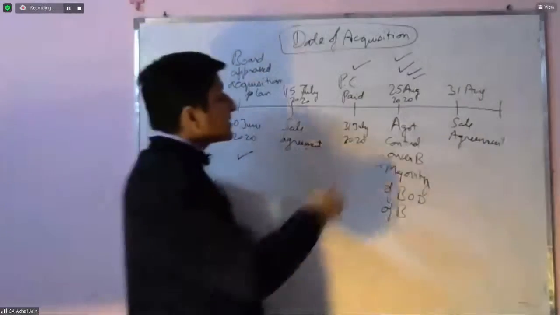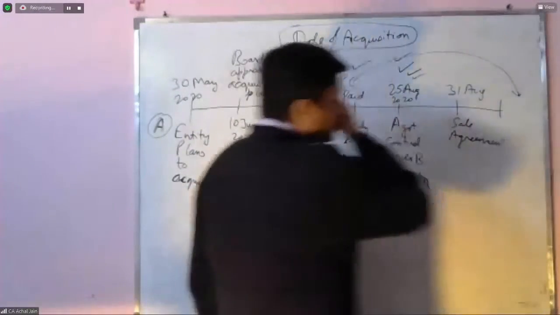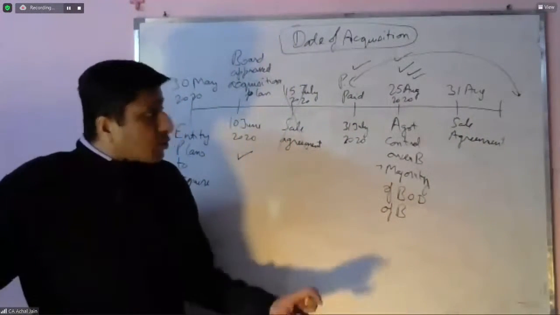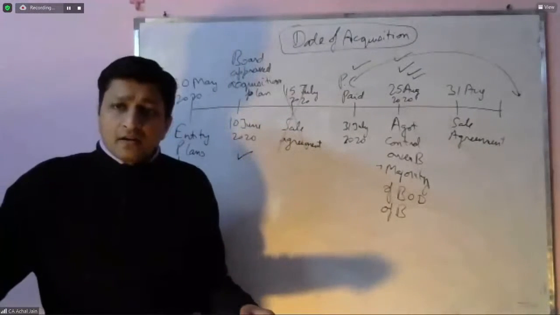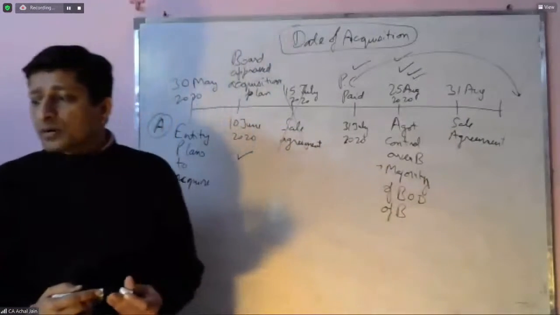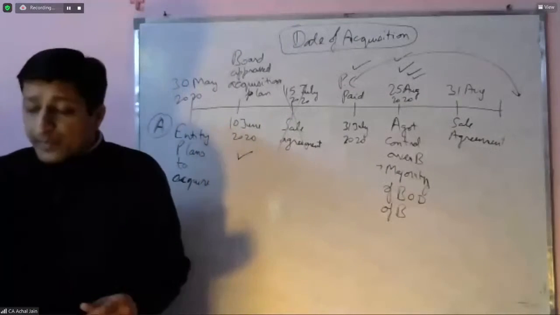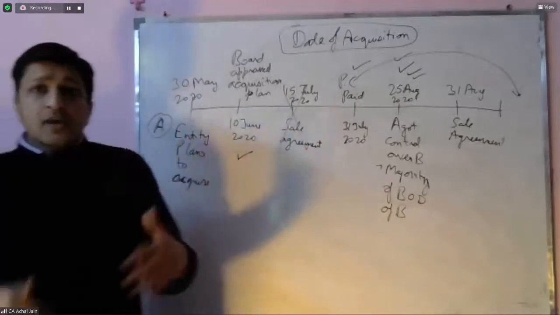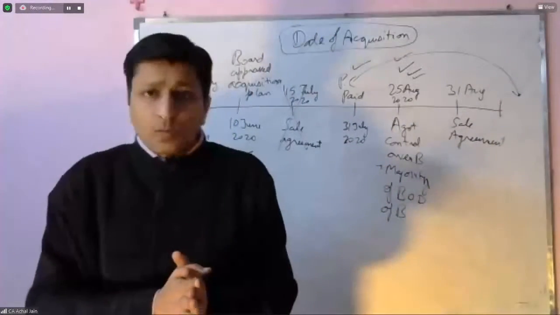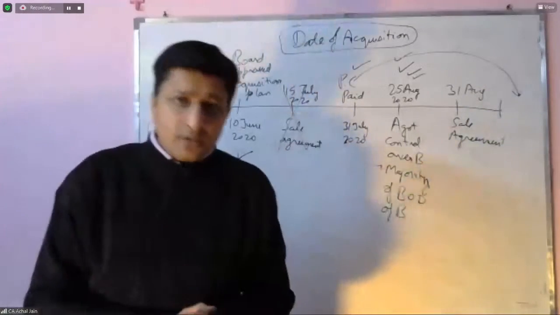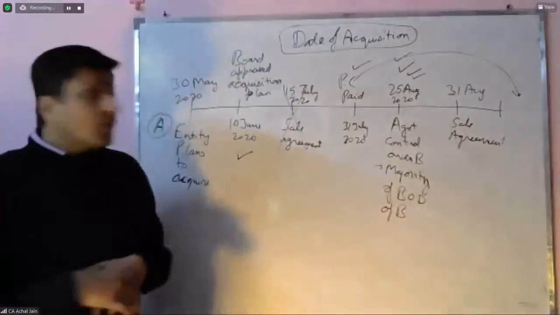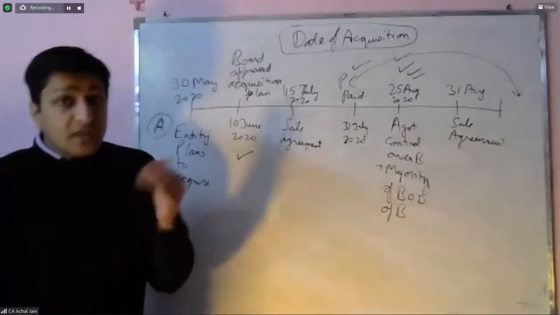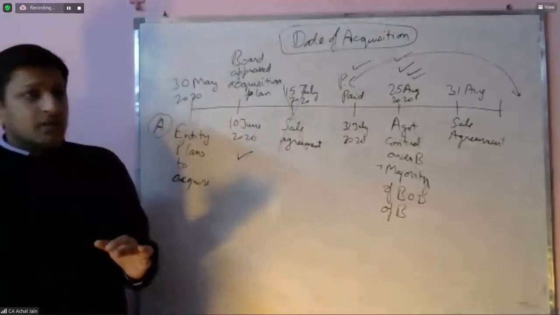It may also happen that purchase consideration is paid after this, say on 30th September. So a lot of options are there, and in a business combination it's not the same order of events every time. It will vary from transaction to transaction.